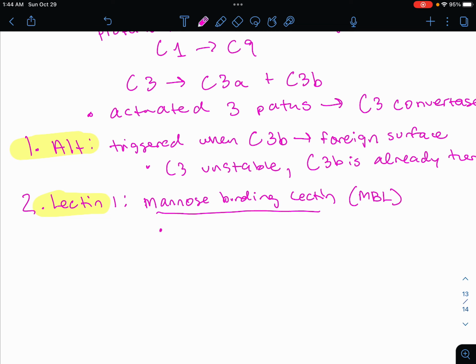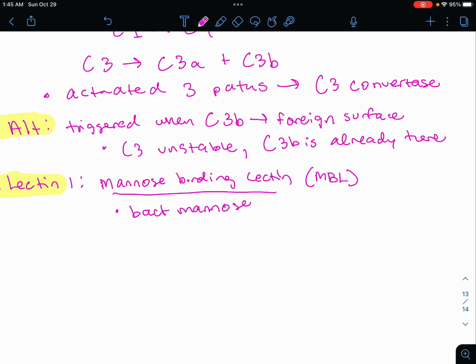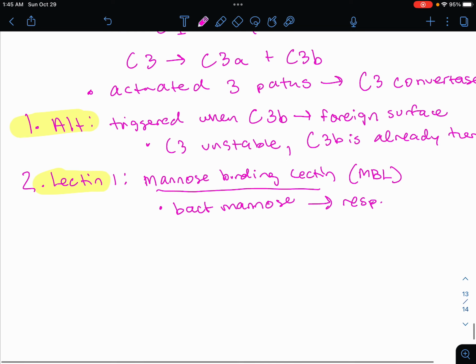They're going to bind to bacteria, mannose, and then cause a response. So they're going to look for the bacteria's mannose, their cells, and then a response will happen from there.